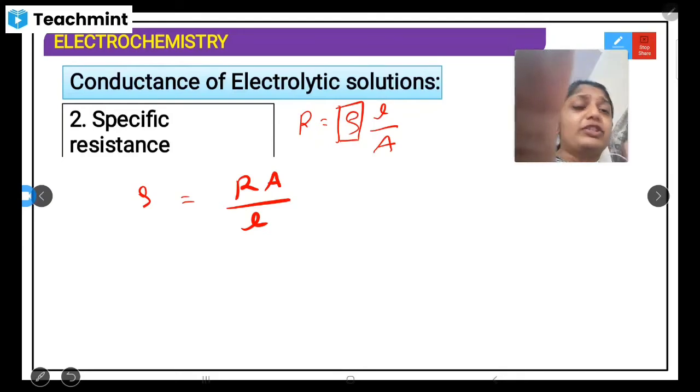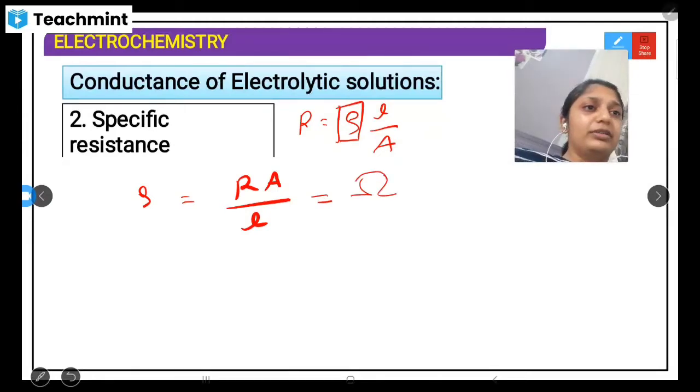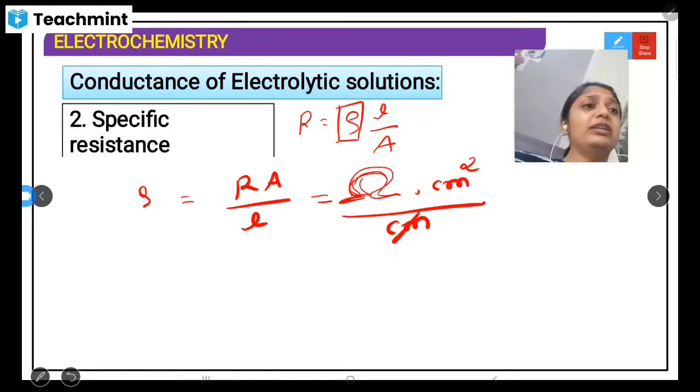Students, now we are going to derive the unit for specific resistance. We know the unit of R, that is ohm. We also know the unit of area, that is centimeter square, and the unit of length, that is centimeter. So you can cancel the centimeter here.